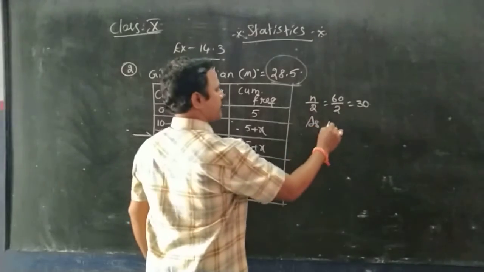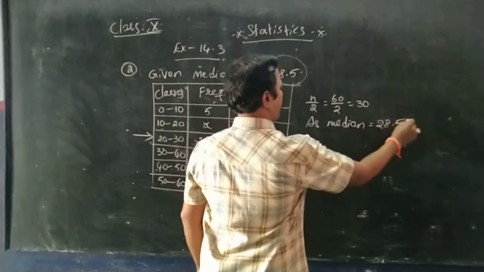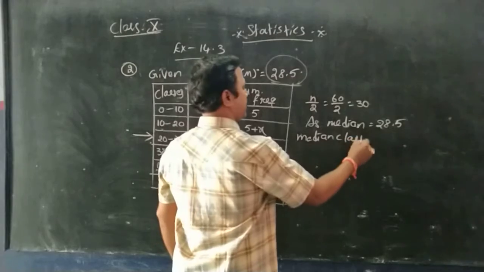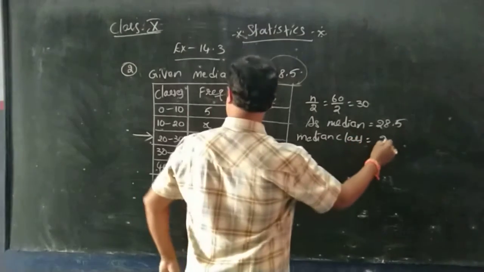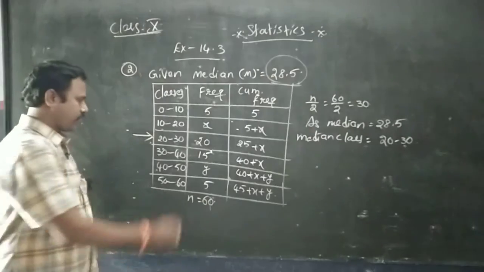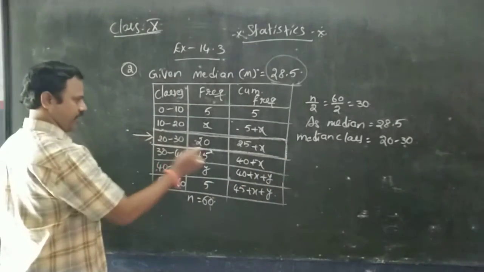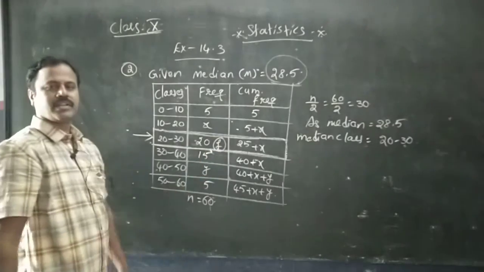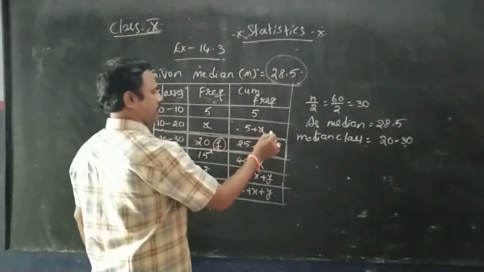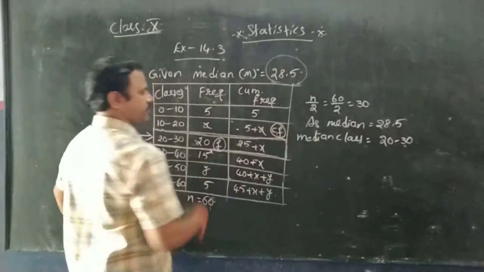As median is equal to 28.5, the median class is 20 to 30. Is it clear? Now, if this is the median class, then what is F? The frequency of the median class is taken as F. What is CF? The cumulative frequency preceding the median class is taken as CF.